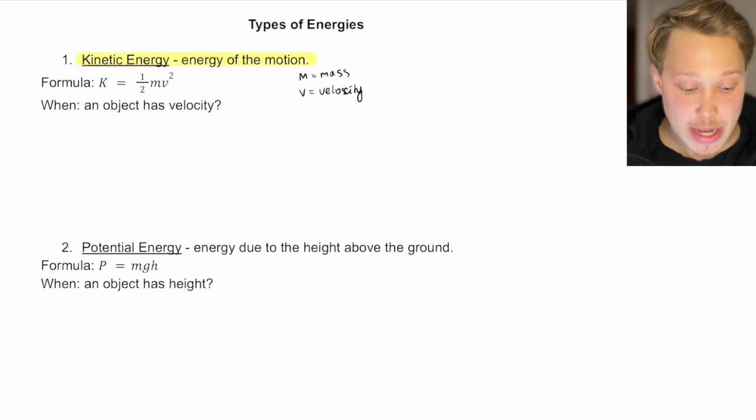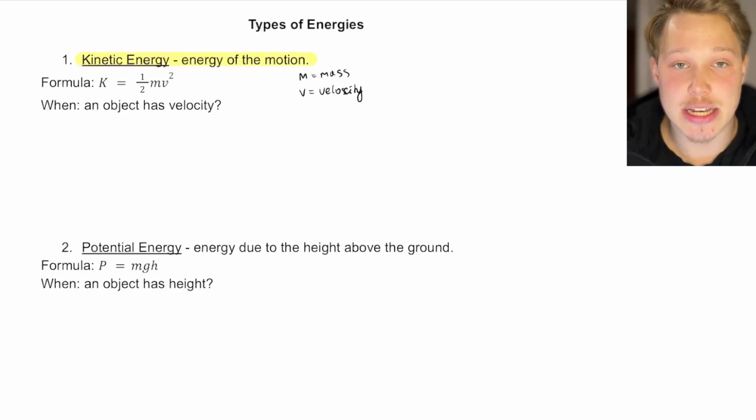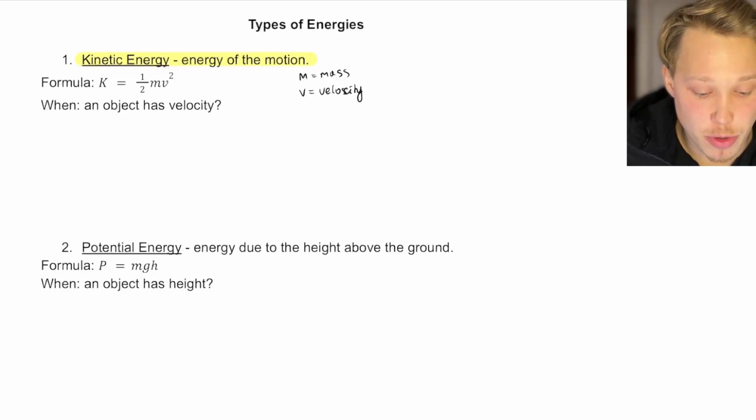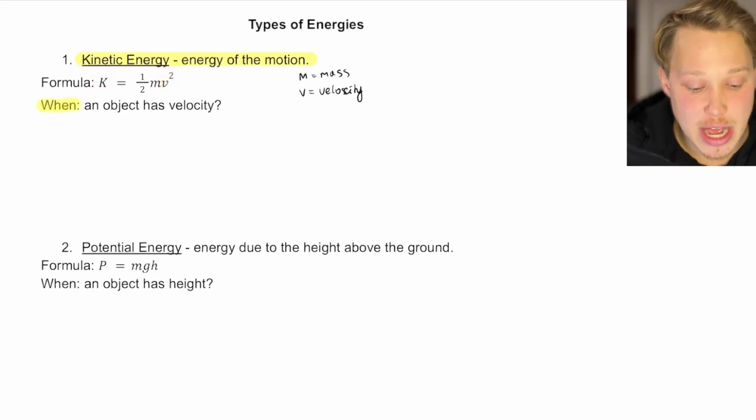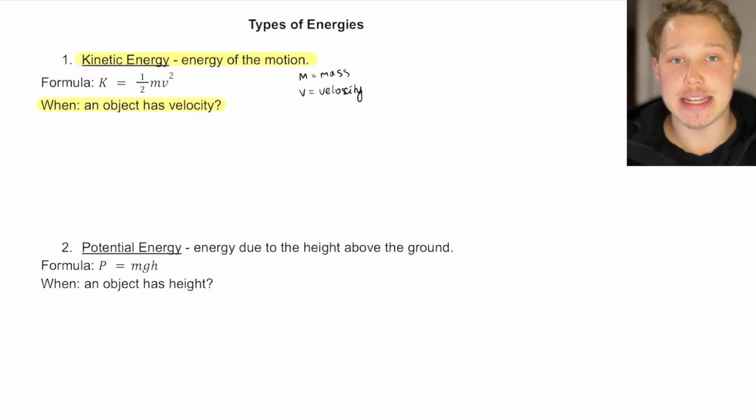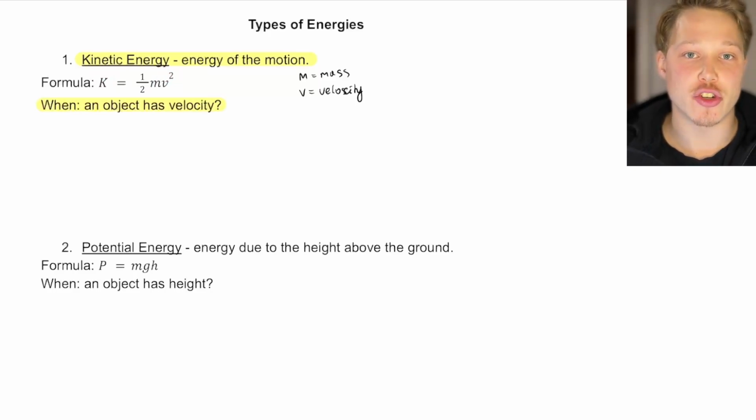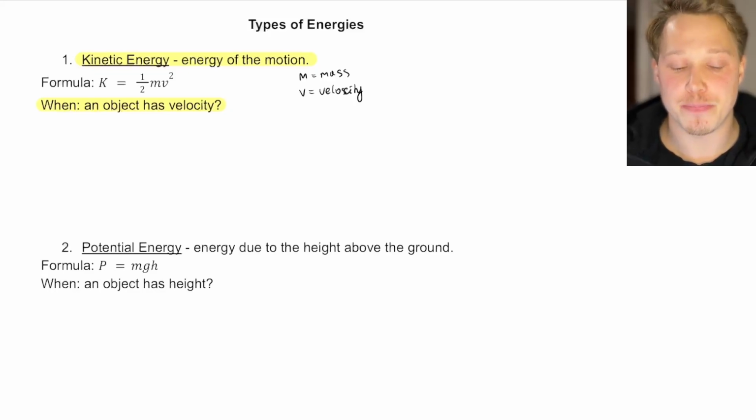Now, notice the formula: all the objects we're talking about have a mass. So really, if it has velocity, it has kinetic energy. To find out whether an object has kinetic energy, you need to ask yourself, does it have velocity? If it has velocity, it has kinetic energy.